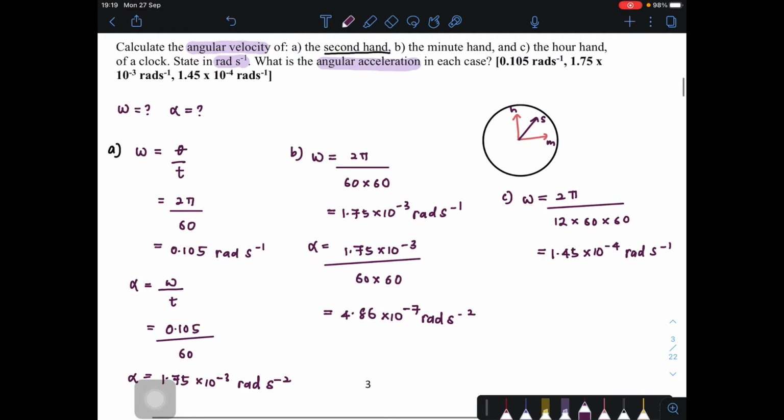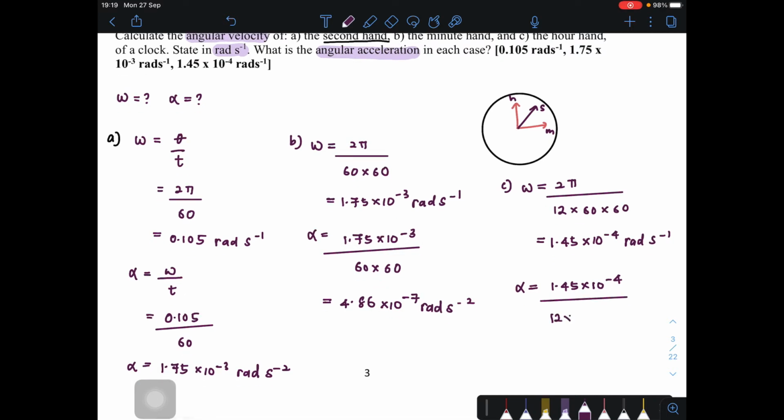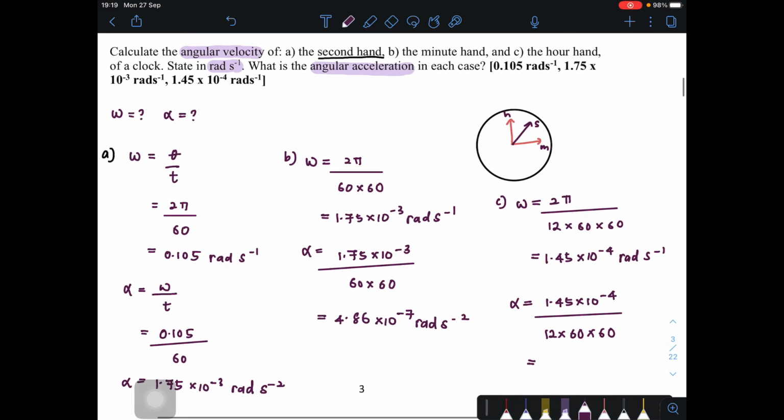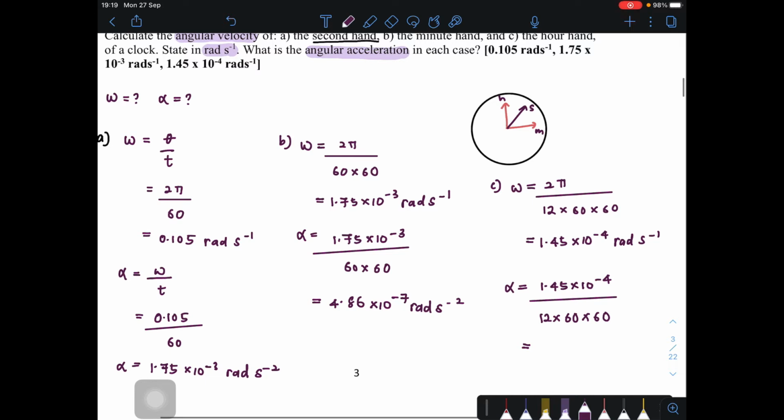And then angular acceleration, alpha, omega divided by the time. Time still sama, 12 jam. So you will get equal to 3.36 exponent -9 radian per second squared.